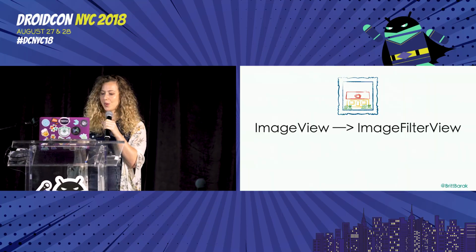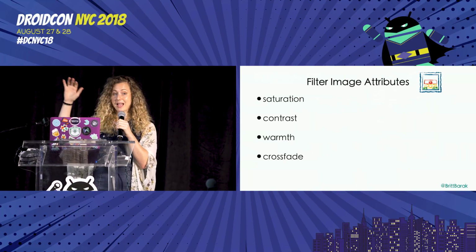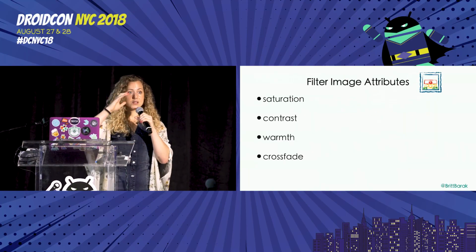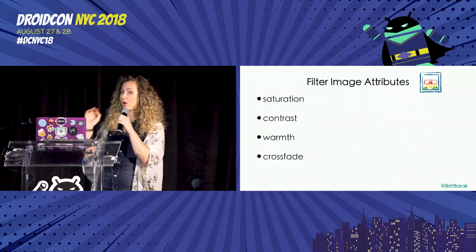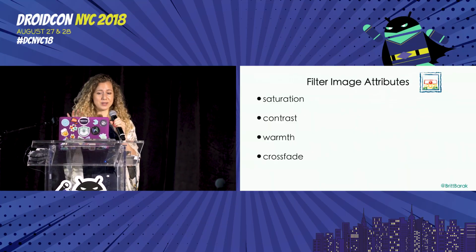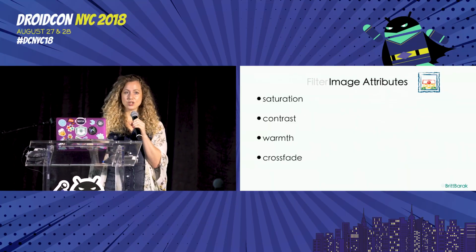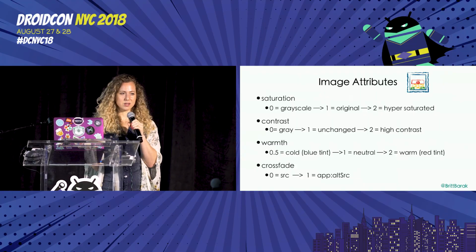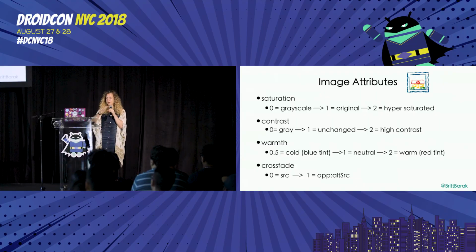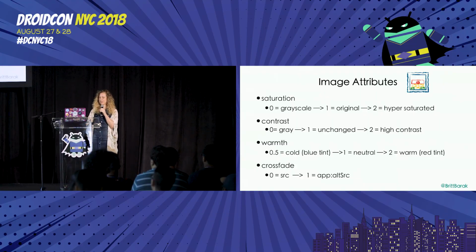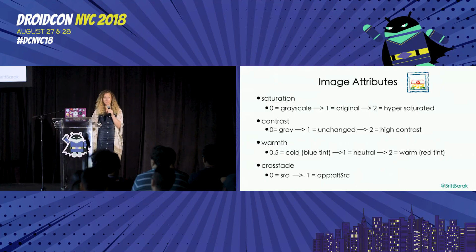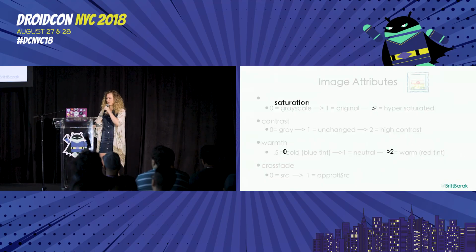So what we can do is animate saturation, contrast, warmth, and crossfade. We'll see some examples in a second. All of them are floats, so you can define anywhere on the scale for each of the attributes.